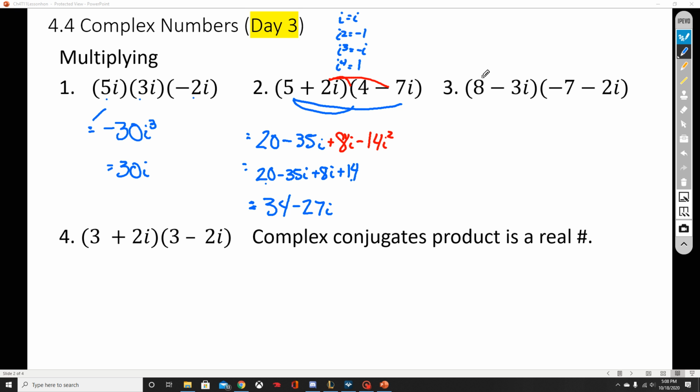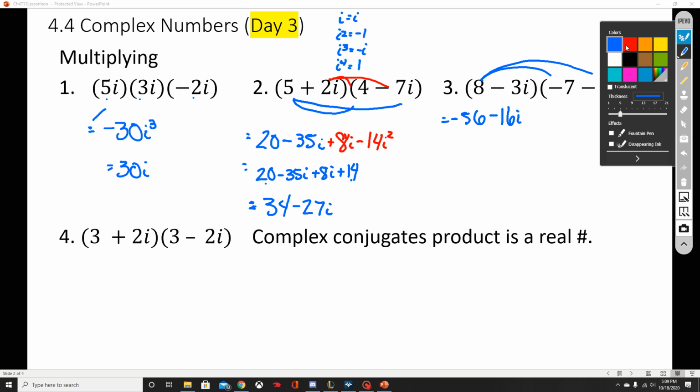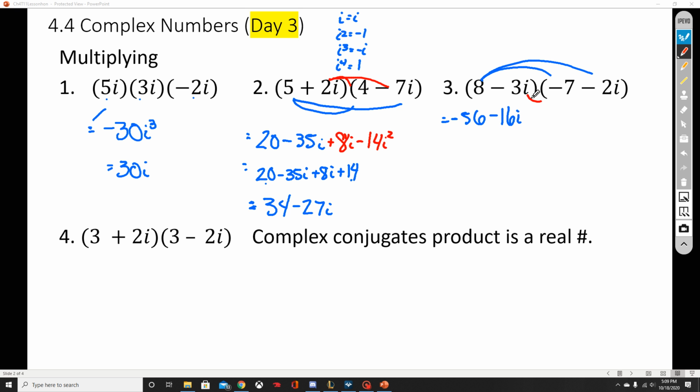Alright, let's do the same thing for number 3. We've got to distribute 8 times negative 7, so we got negative 56. 8 times negative 2i, so we've got negative 16i. And let's distribute the negative 3i. Negative 3i times negative 7, positive 21i. Negative 3i times negative 2i is positive 6i squared.